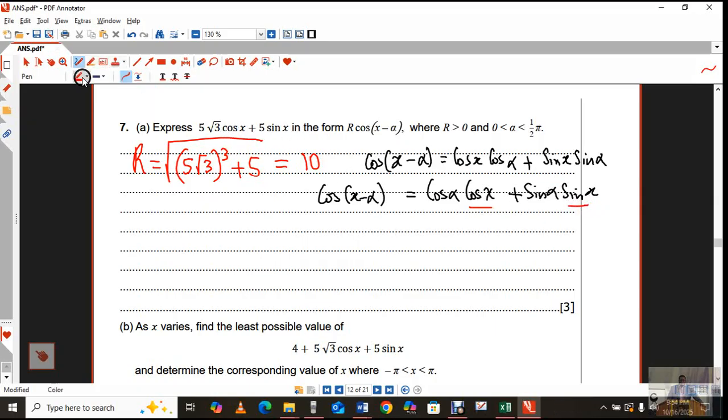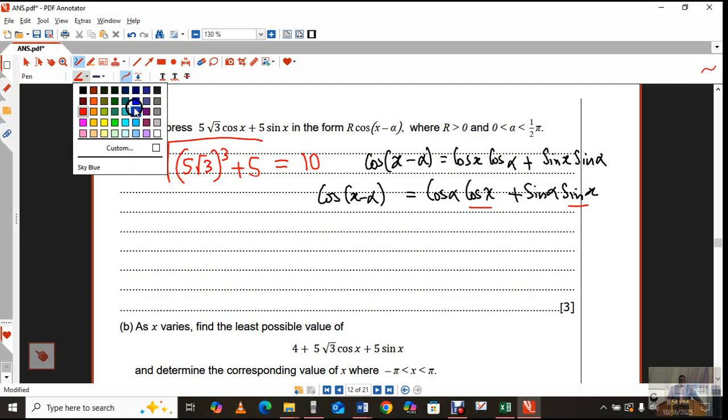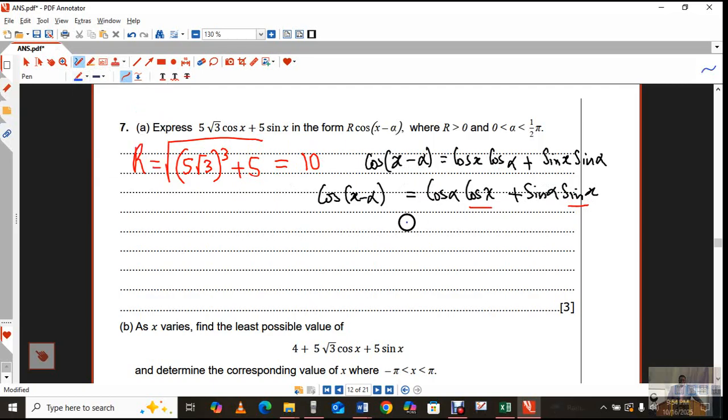So I'm going to rewrite this part as 5 root 3 cos x plus 5 sine x.